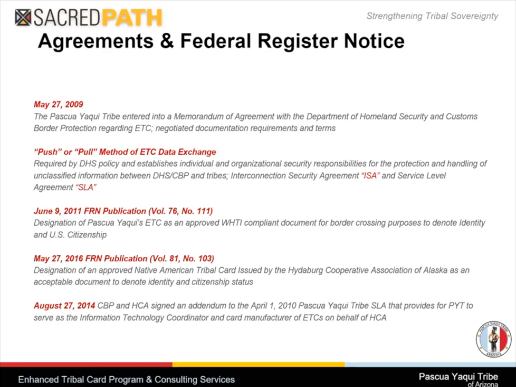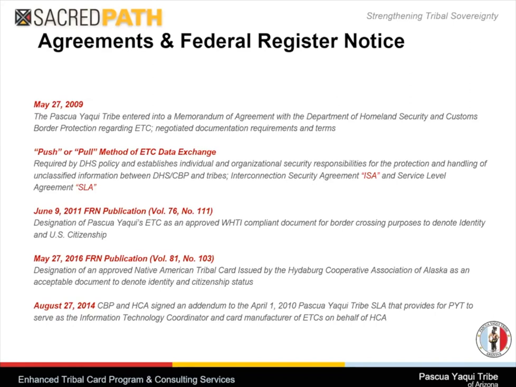And there's 2 of those models. But PYT and its clients have all chosen the push model. And that push model is simply this. First, the ETC is produced and securely encoded onto an RFID chip, which I will later illustrate in the presentation, what that chip looks like and that technology.